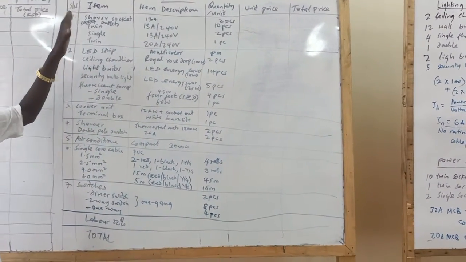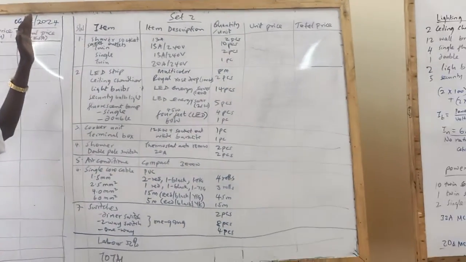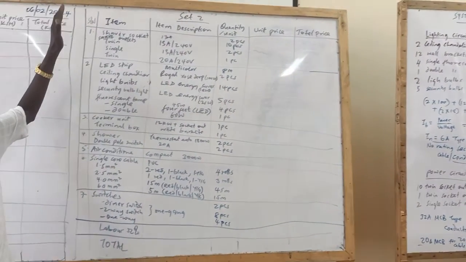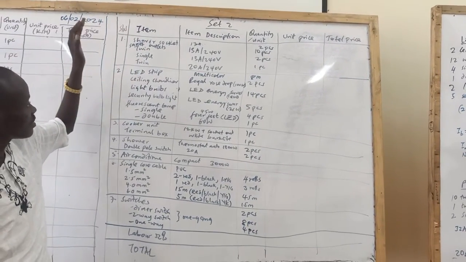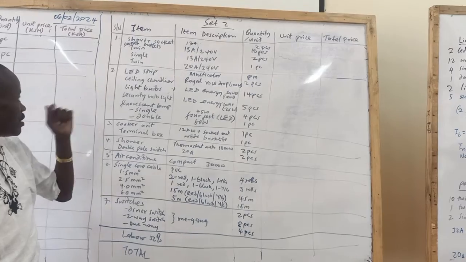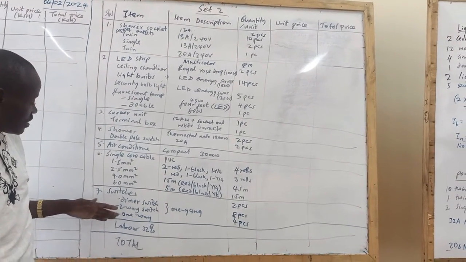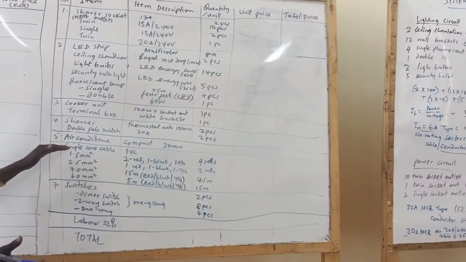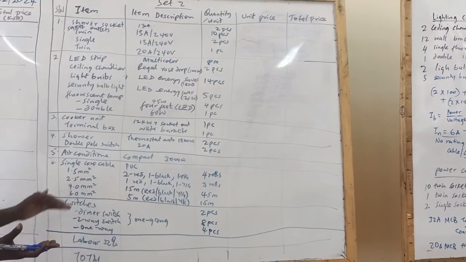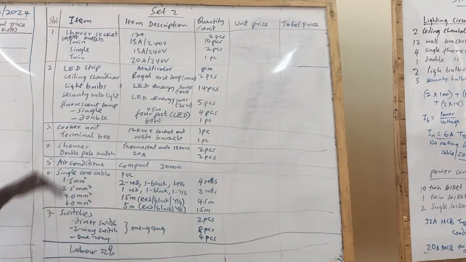So you can see from this power outlet, I've marked the shaver sockets, the single socket outlets, all of them together. And then the switches, I've also placed them in their category. The cables, their category. Then air conditioner, shower, cooker unit, each in its category.